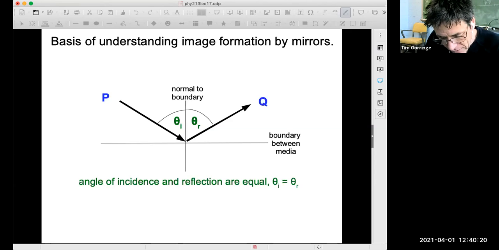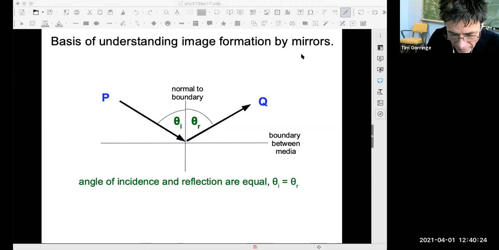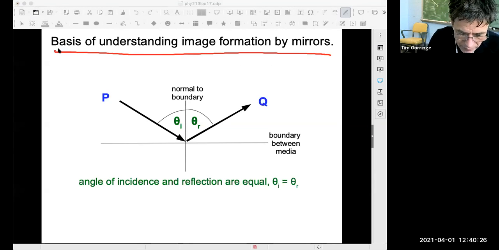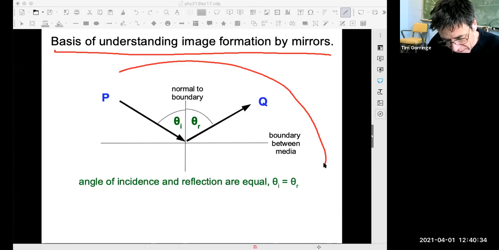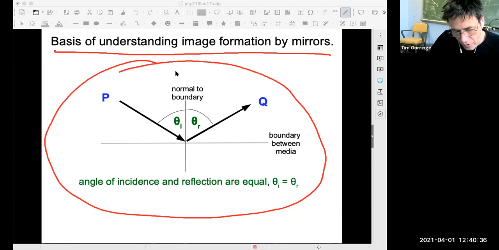Okay, so the basis of forming an image by a mirror is the law of reflection. So let's just remind ourselves of the law of reflection, because we're going to see example after example of it as we explore the world of planar, convex, concave mirrors. And of course, this is a hard one to forget.